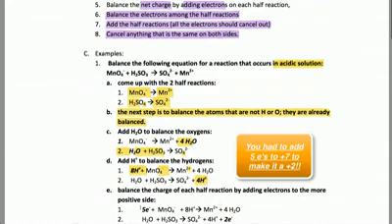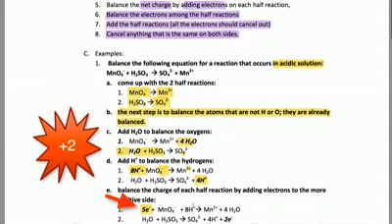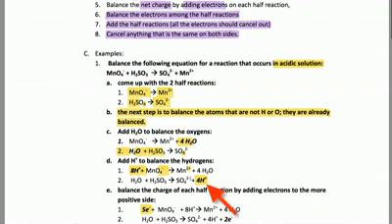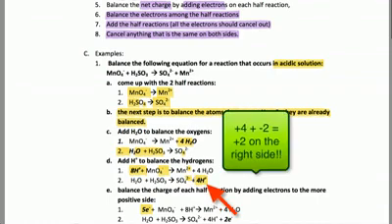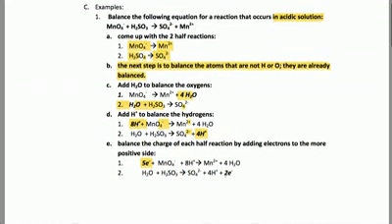That's a difference of 5 electrons. So if I add 5 on the left side, now I have the same charge on the left and right side. Now if I look at the bottom, here I have 4H+, and here I have a 2-, so that's a 2+, and it's neutral there. So I got to add 2 electrons to the right hand side. So now you understand what's going on.